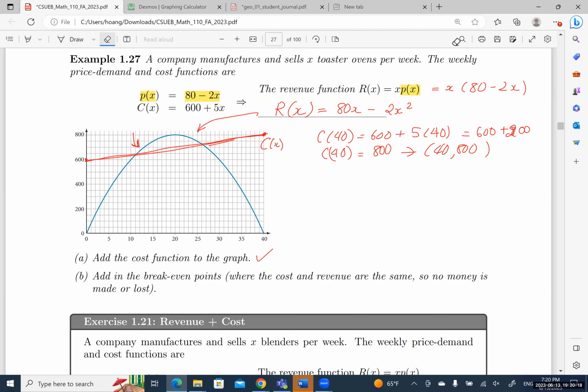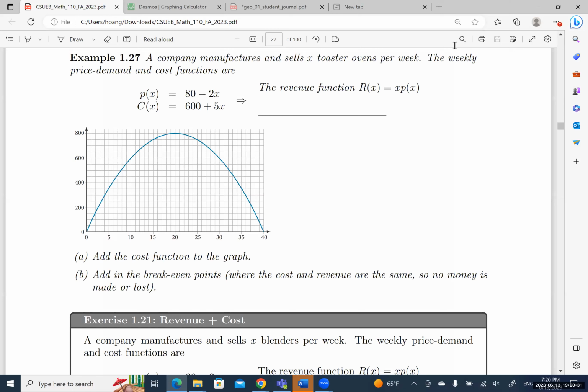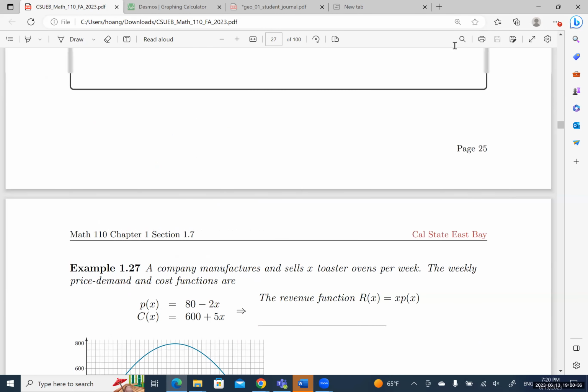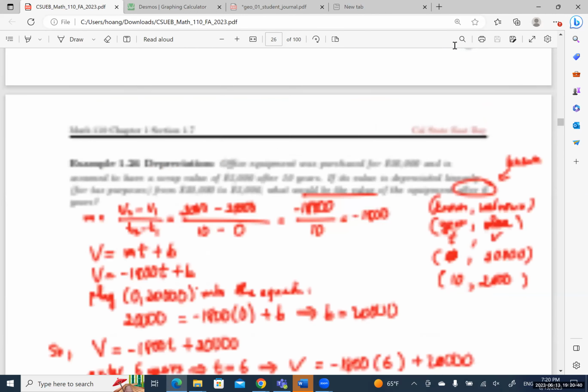Let me relabel this one. Something crashed everything.